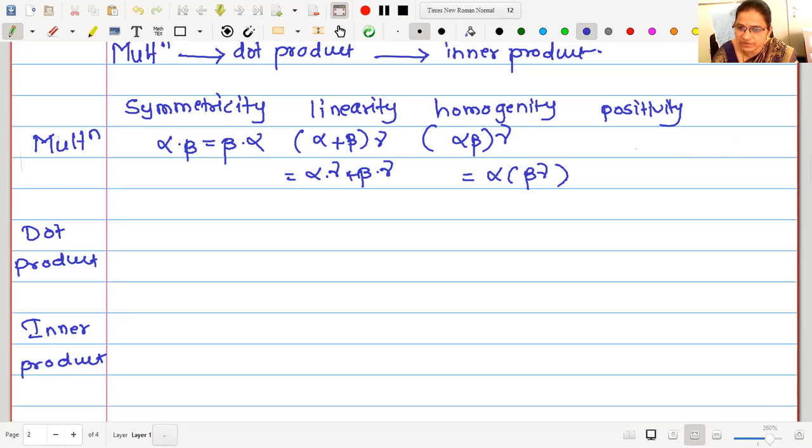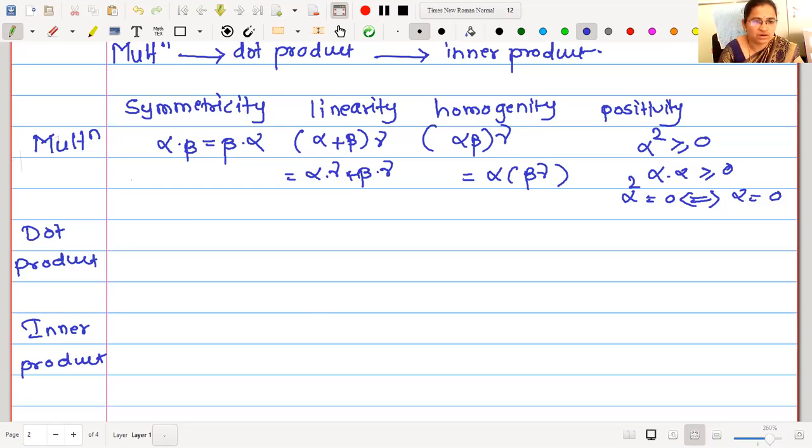And what is positivity? If we multiply a scalar with itself, that is alpha square, this must be greater than or equal to 0. That is alpha dot alpha is greater than or equal to 0, and alpha square equals 0 is implied by alpha equals 0. These are the four properties possessed by ordinary multiplication.